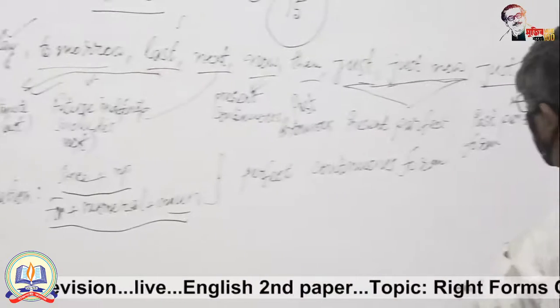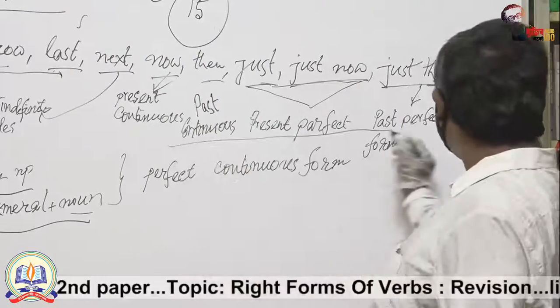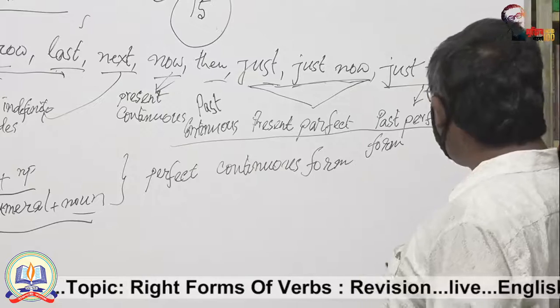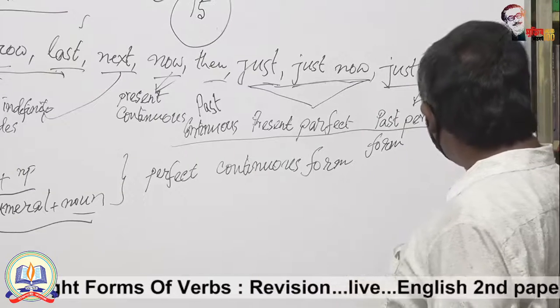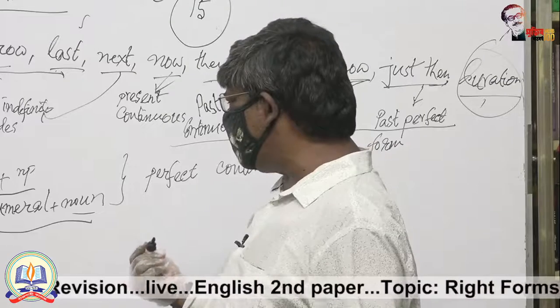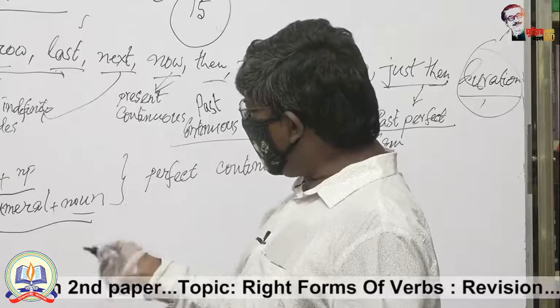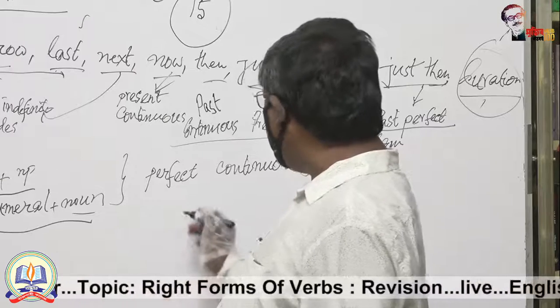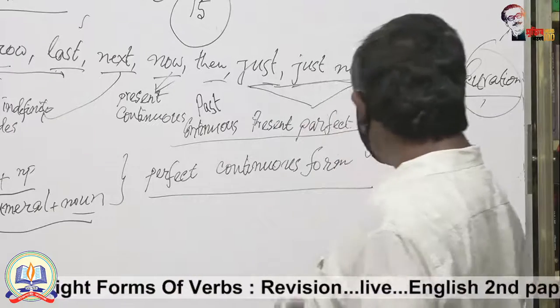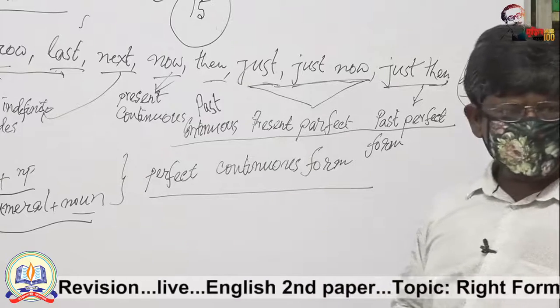For just now present perfect, and for just then past perfect, and for duration either with since plus noun or noun phrase, or for plus numeral plus noun, we will use perfect continuous forms of the verbs.